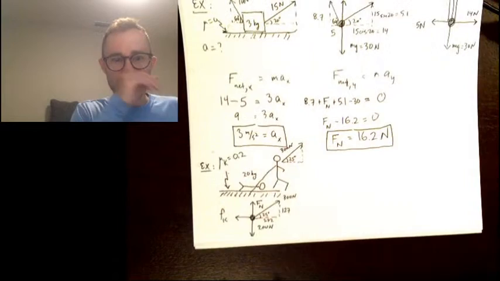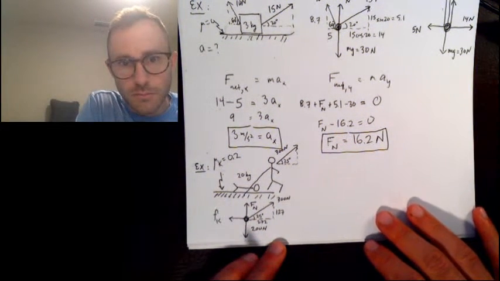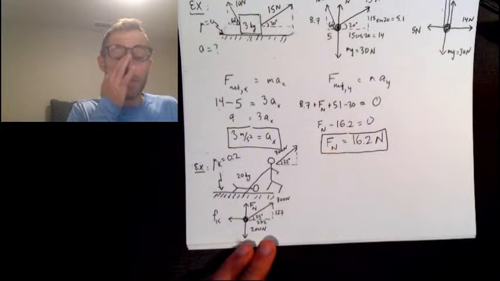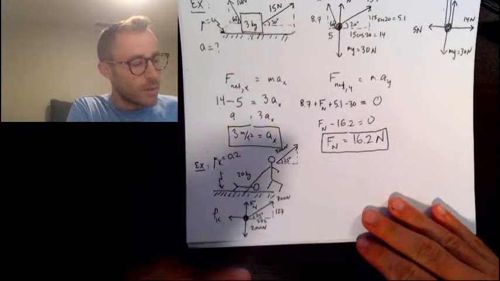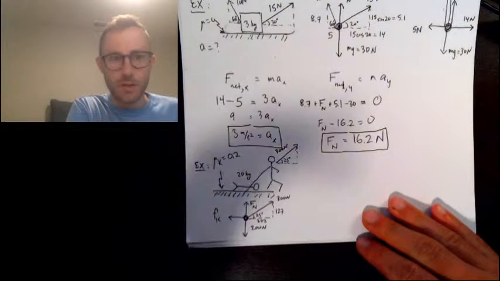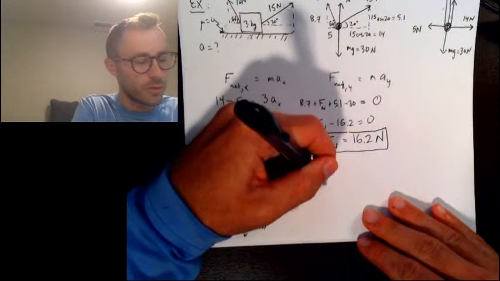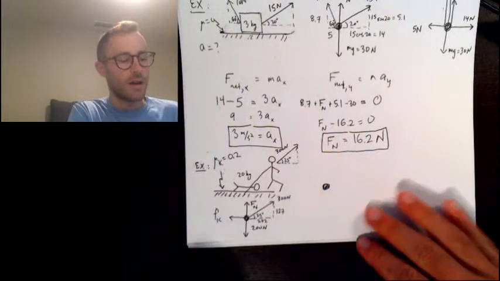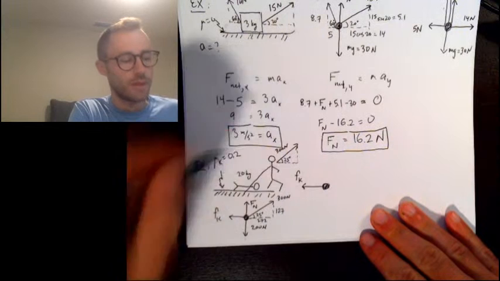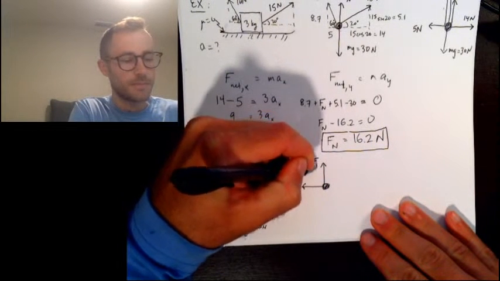So now I want to redraw my free body diagram, but with this diagonal force replaced by a vertical force and a horizontal force. So redrawing the free body diagram, I have kinetic friction going to the left. I have normal force going up.